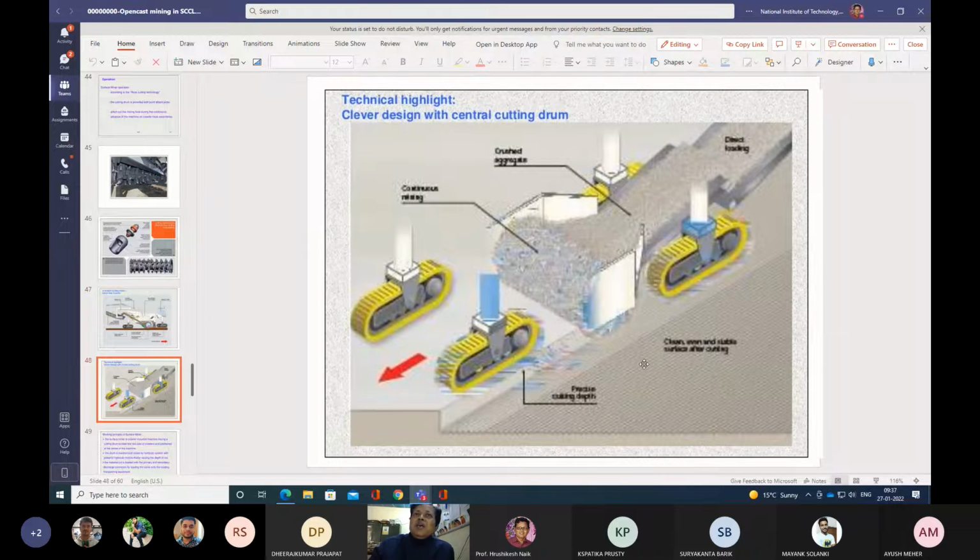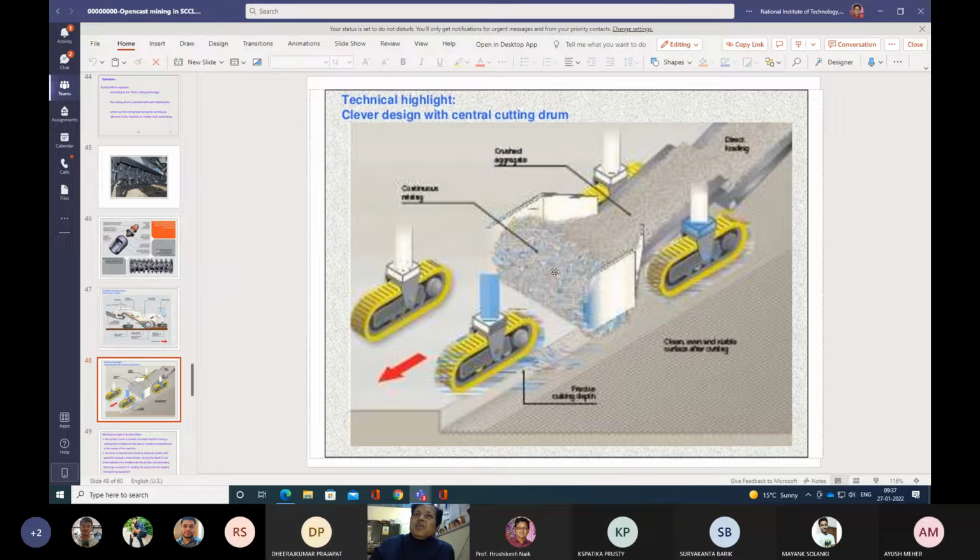This is the mechanism, technical highlight: clever design with central cutting drum. So this is the front crawler, this is the back crawler. In between, your cutting drum is there.